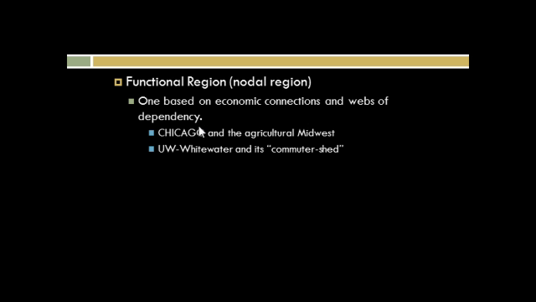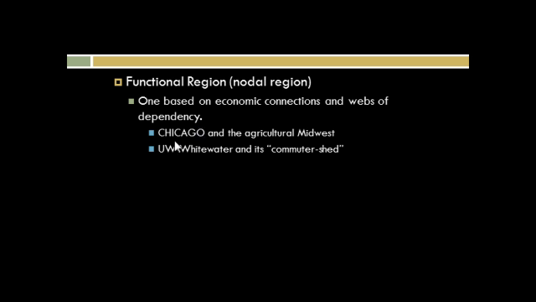So perhaps the best way of defining a functional region is to give some examples, and I have 2 listed here. The first is Chicago and the agricultural Midwest. The second is UW-Whitewater and its commuter shed. Let's start out with the first of these 2.